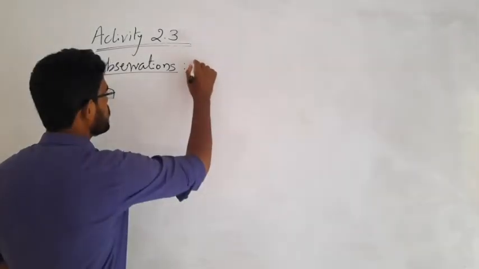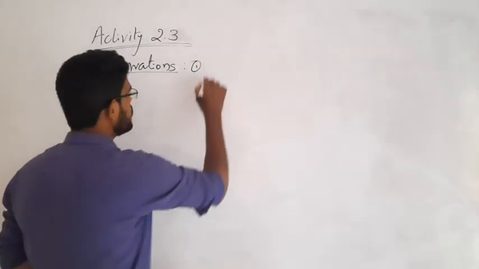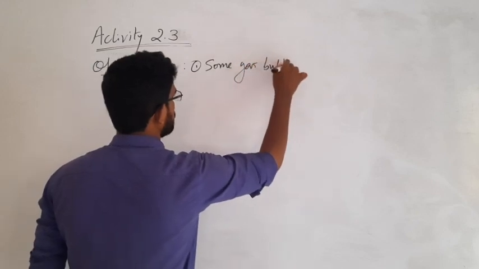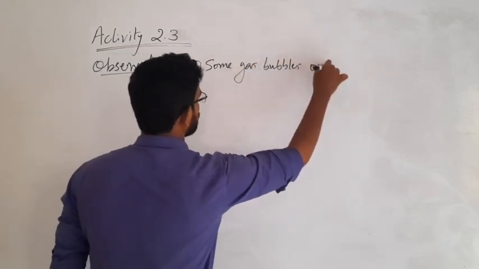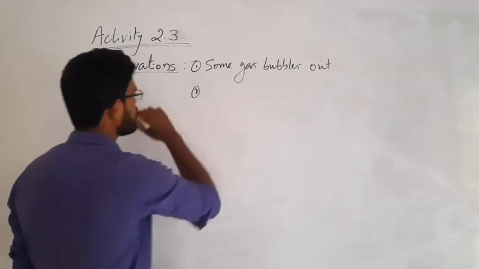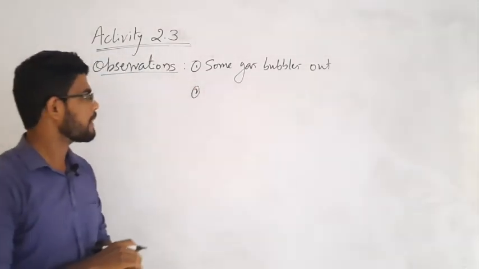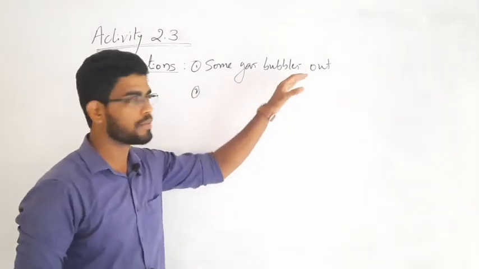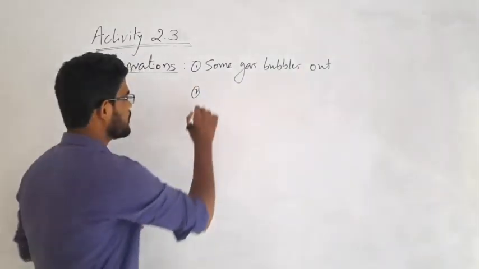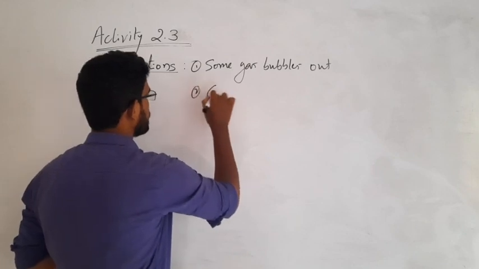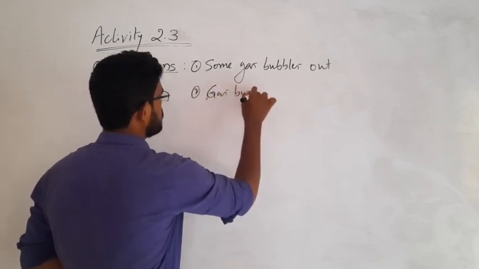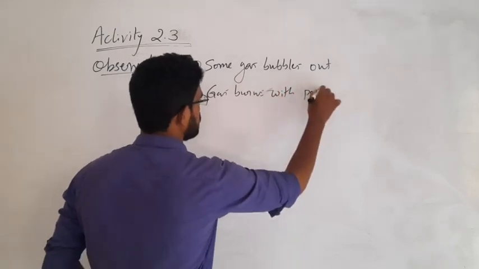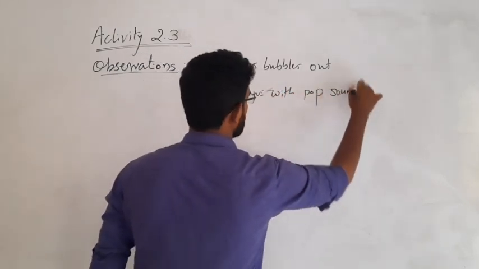The first observation was some gas that bubbles out from the solution when we mix them together. Okay, some kind of gas, that's the effervescence we used to call. We obtain those bubbles of that gas. Okay, now when we burn that gas, it burns with a pop sound, right?